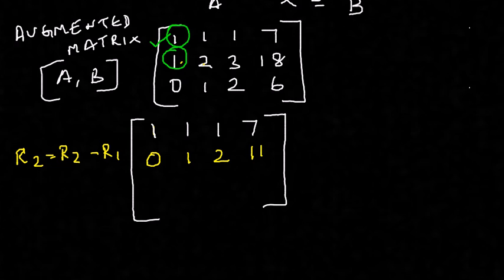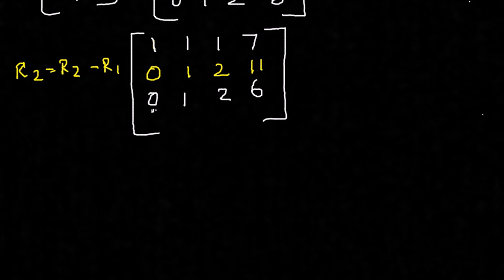Okay, did you get this? Now let's write R3 as it is, because usually we'll try to make this element 0, but it's already 0. Do it step by step, there's no hurry, right? In the next step, we are going to try to make this element 0 to bring it to the echelon form. So I'll write the first row as it is.